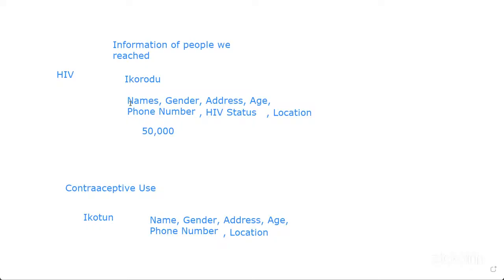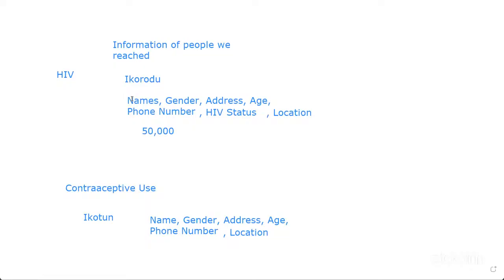So as the CEO of Jepaigo, you have gone to Ikorodu and told them that anytime they have unprotected sex, they should call your customer care phone number. Then you can invite them for testing again. I want to ask you: when you went there, you collected their name, gender, address, age, phone number, HIV status, location.